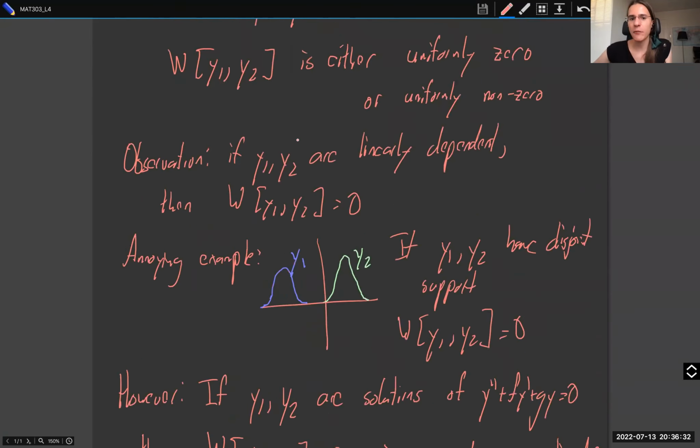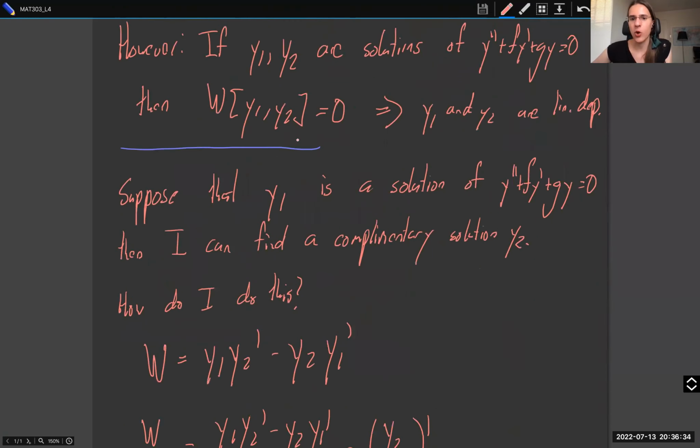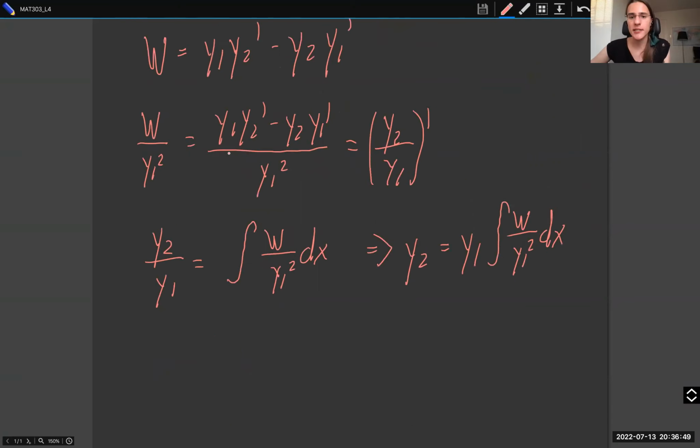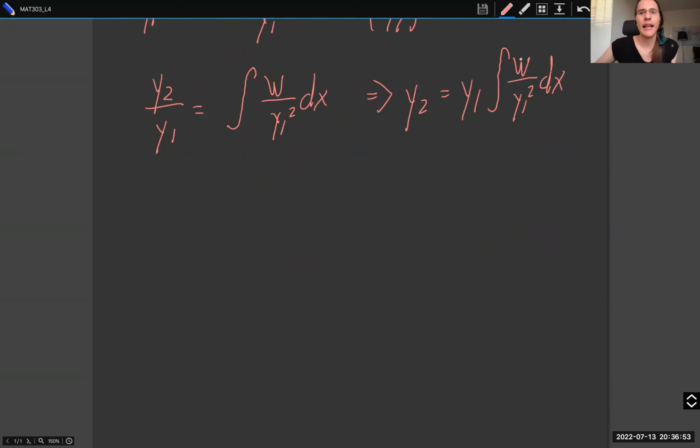But unfortunately, I won't give a method for solving for the general solutions. If they're constant coefficient, then great. We just solve a polynomial and we're done. But if they're arbitrary functions, then there isn't a nice method for finding it in general. But if you know one solution, then you can get the other solution. And so I'll give you an example of that.